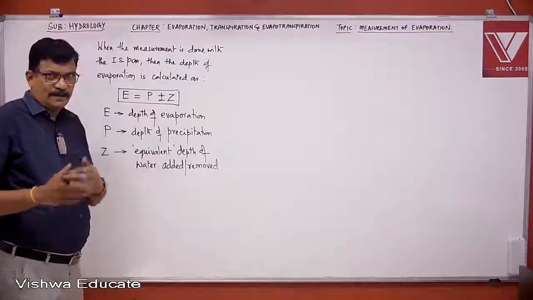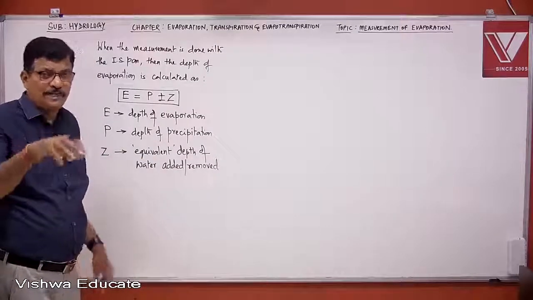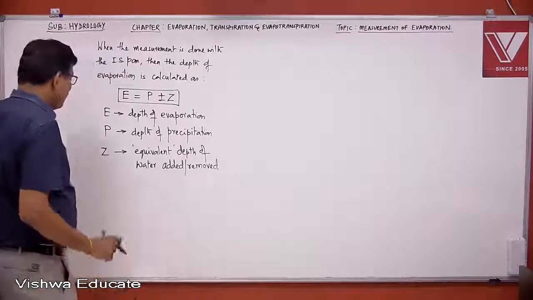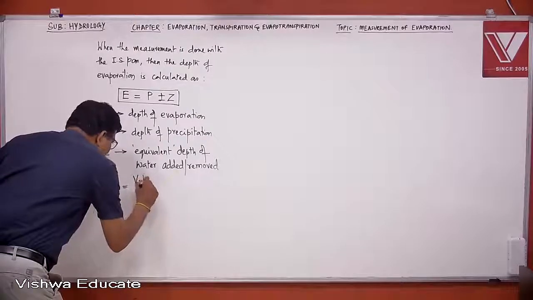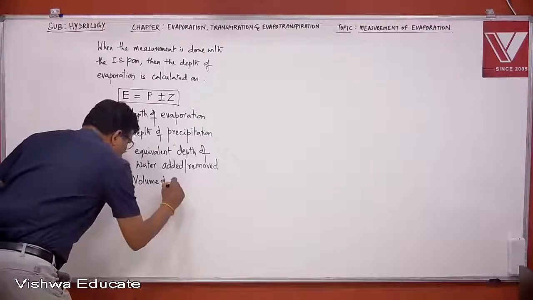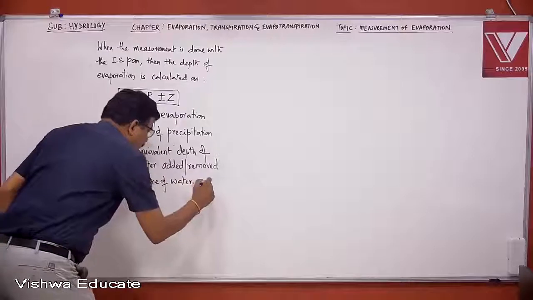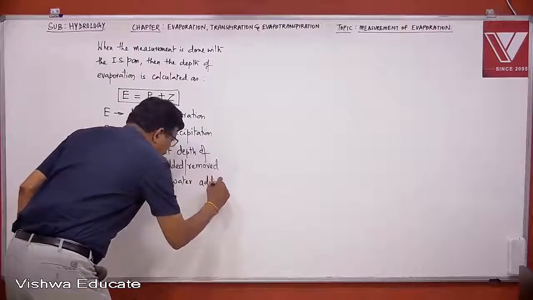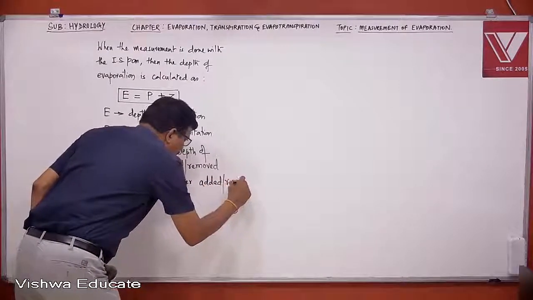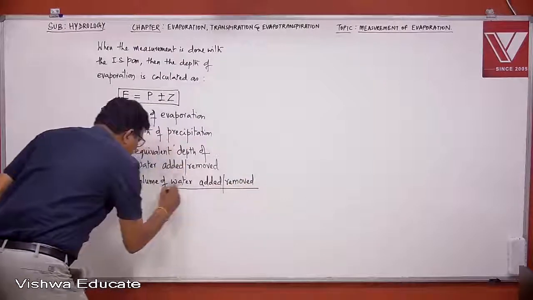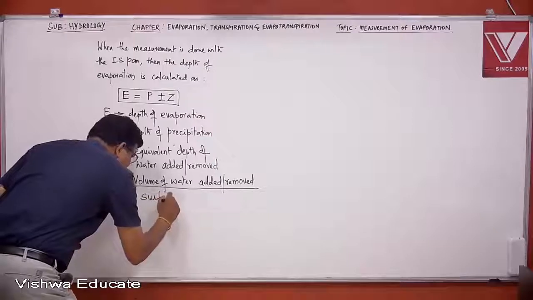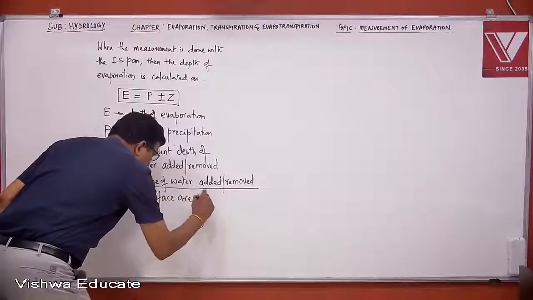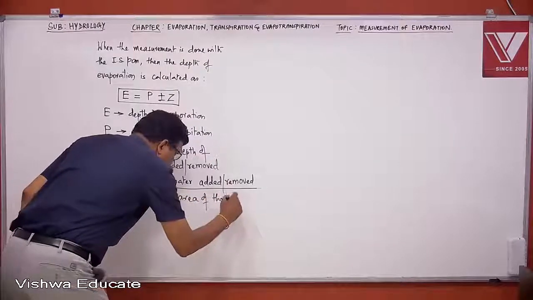I said equivalent to the volume of water added. Now, how do you calculate this Z? Z is the volume of water added or removed, depending upon the requirement and the situation, divided by the surface area of the pan.